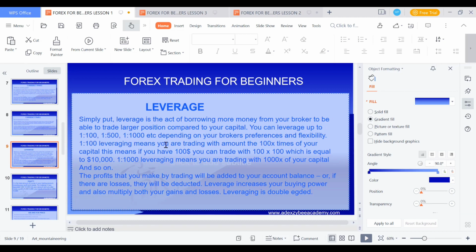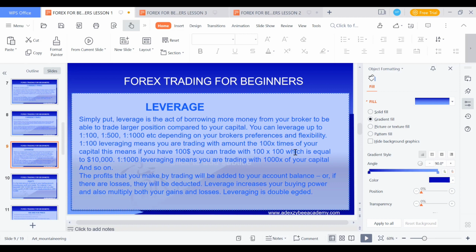1 to 100 means you are trading with an amount that is 100 times bigger than your capital. This means if you have $100, you can trade with 100 times 100, which is equal to 10,000. Let me explain this. If you are using 1 to 100 leverage, even though you have $10 in your account, that $10 can act as 10 times 100.